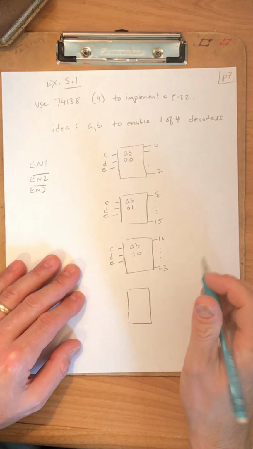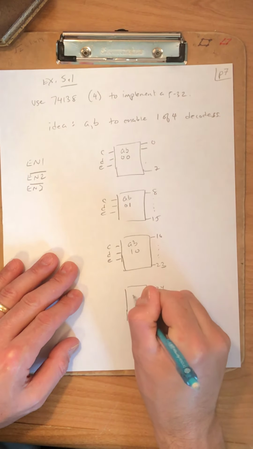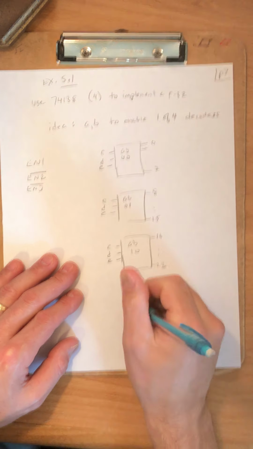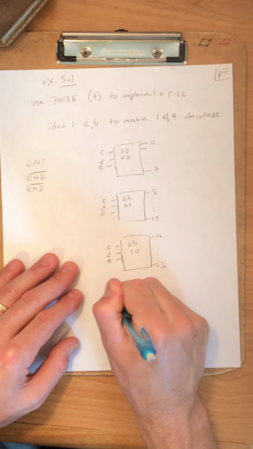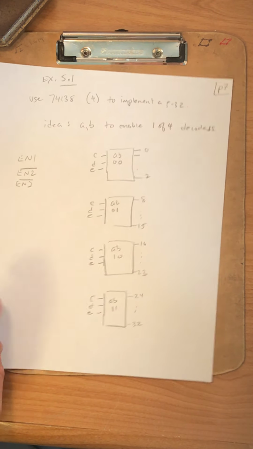And for the last device, we have 24 to 31. AB 1, 1. And sadly, I didn't leave myself enough space here, so we'll have to go on to the next piece of paper, but you can always pause and catch up and write this down, or just use the print off of the scanned copy of notes.